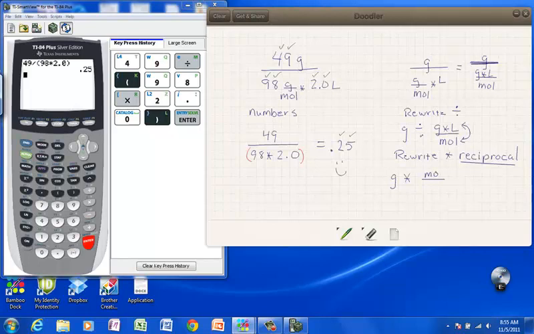So MOL is now in the numerator, and grams times liters is now in the denominator. Right, this grams, because it doesn't have a fraction, is over 1. So these grams can cancel. And in terms of units, we're left with MOL on the top over liters on the bottom. So our final answer is 0.25 MOL, or molecules per liter.